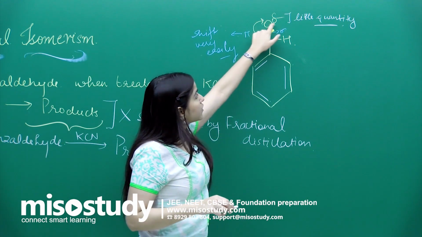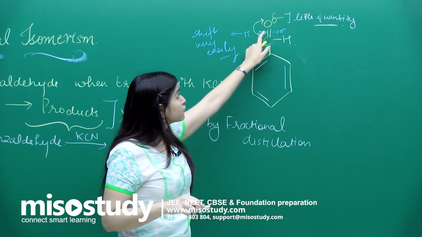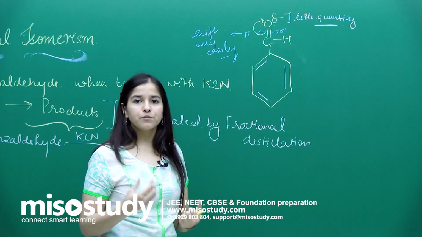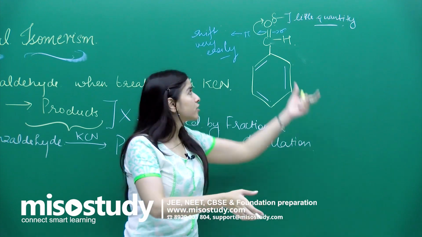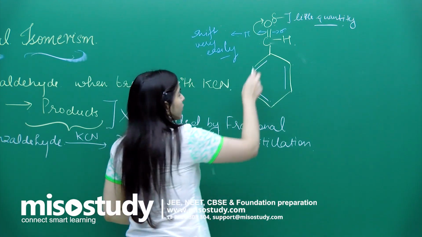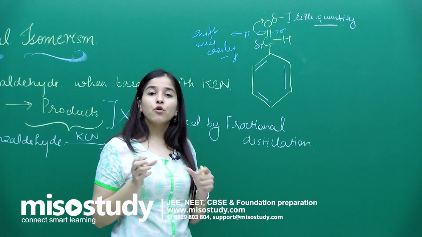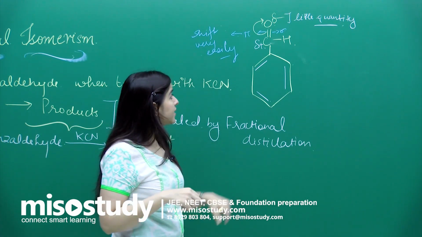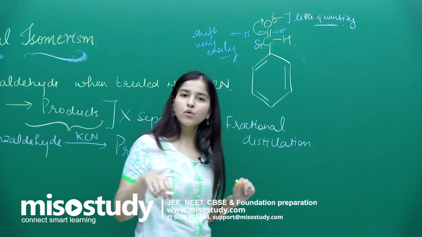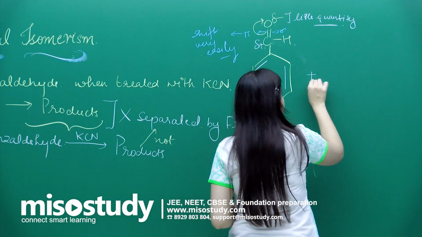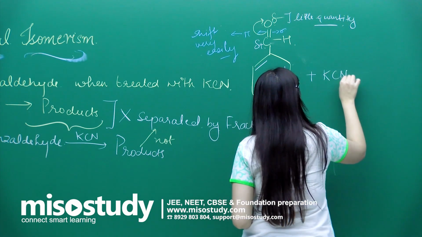So over here a delta negative charge develops, and on the carbon, due to the lesser electron density, because the pi bonds have shifted onto the oxygen, it will have a delta positive charge. That means a little positivity has developed on the carbon atom. Now comes the role of the reagent which we have taken.